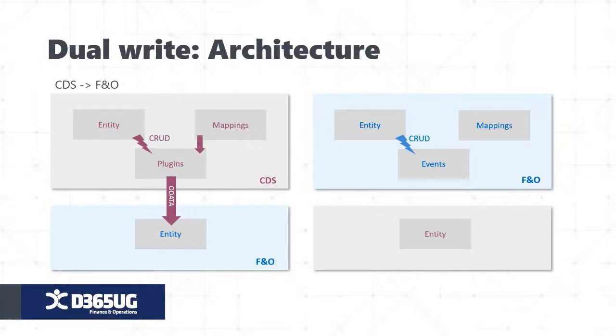And eventually, using these CRUD operations and the new events as part of the dual write, we capture all those events at the customer entity level, which actually tells us what data has been changed on what field. Again, it uses the mappings and then uses OData to flow information from FNO to CDS.